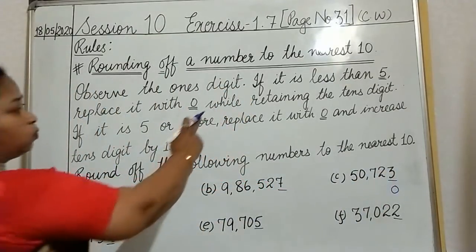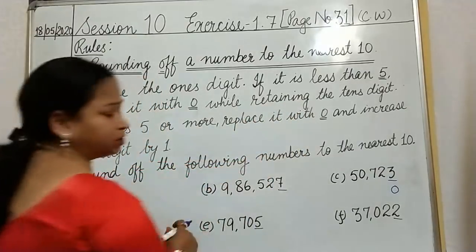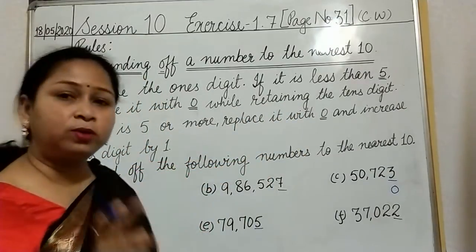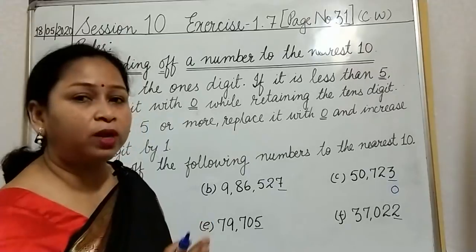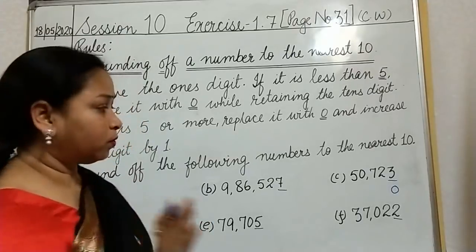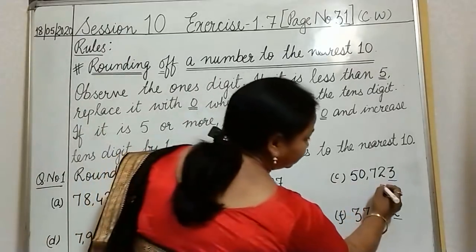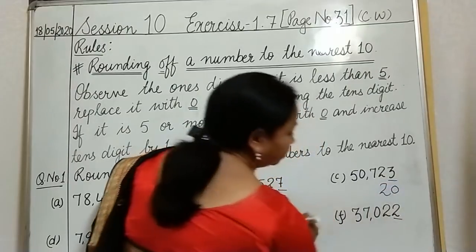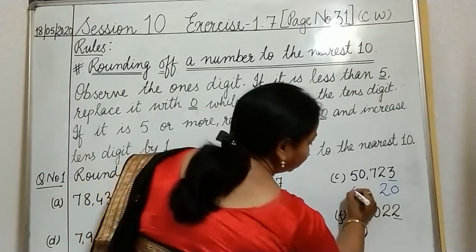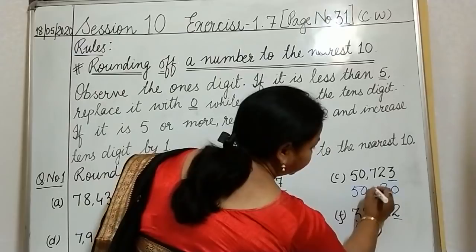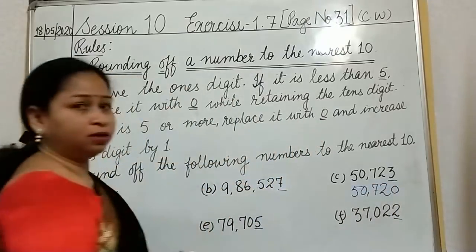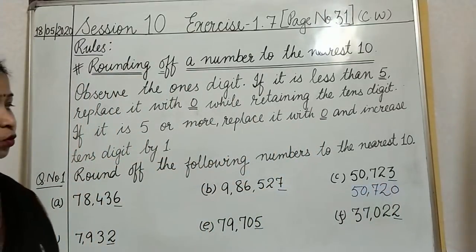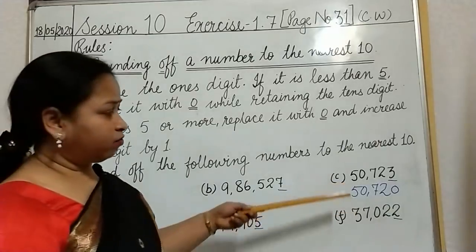Then, while retaining the tens digit, that means the digit at the tens place will not change at all. So what is at the tens place? 2. Now just copy down the rest of the number. See, so easy, no? So one answer we have completed.